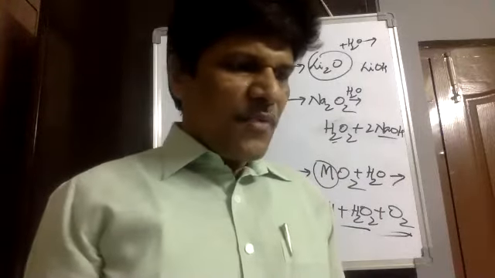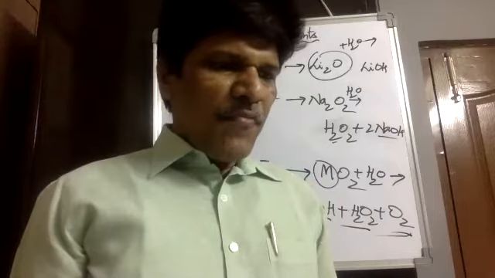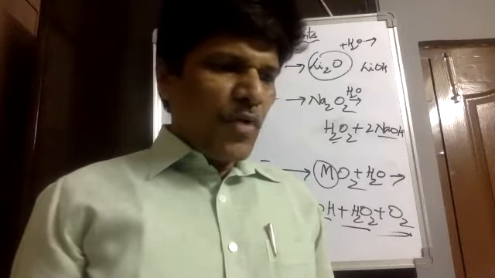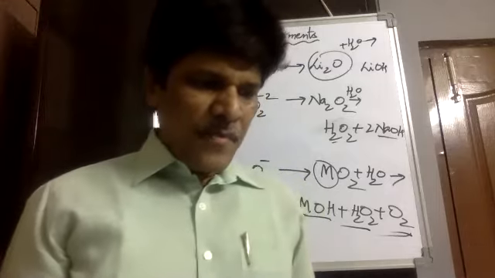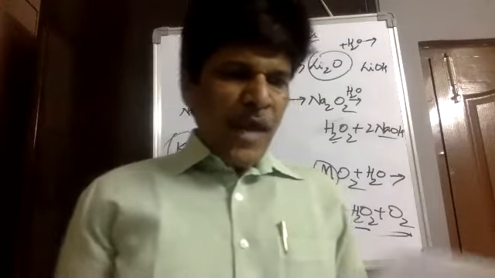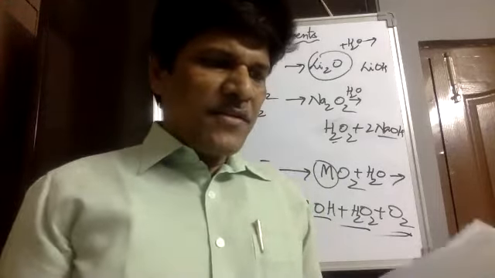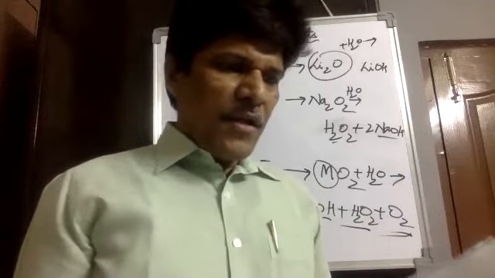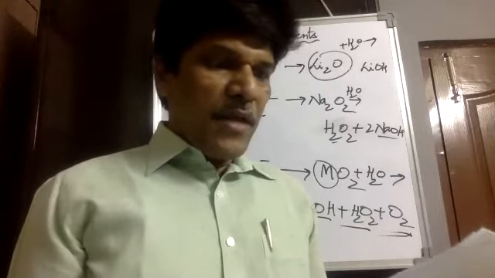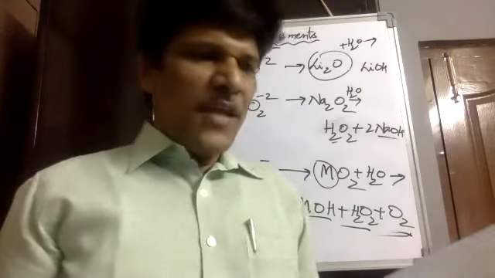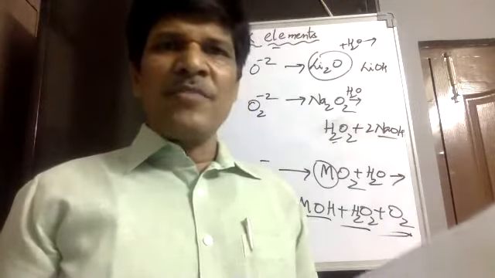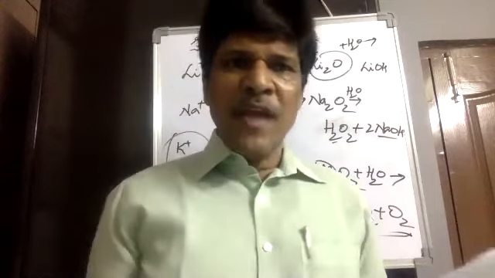Then integer type, 45. The number of compounds among the following that do not produce acidic or basic solutions when dissolved in water. Barium chloride, because of weak cation and weak anion, cannot undergo hydrolysis. Calcium and sulfate ions are also weak cation and weak anion.